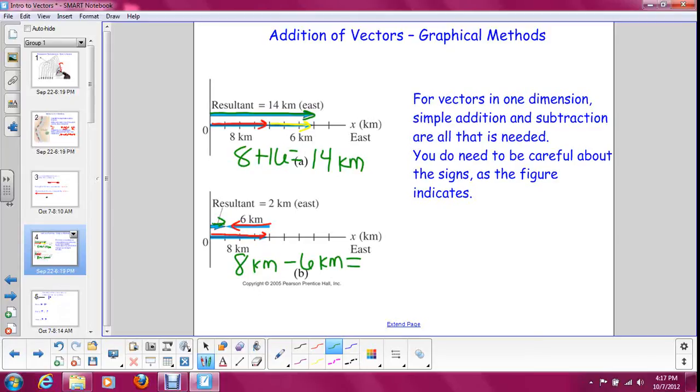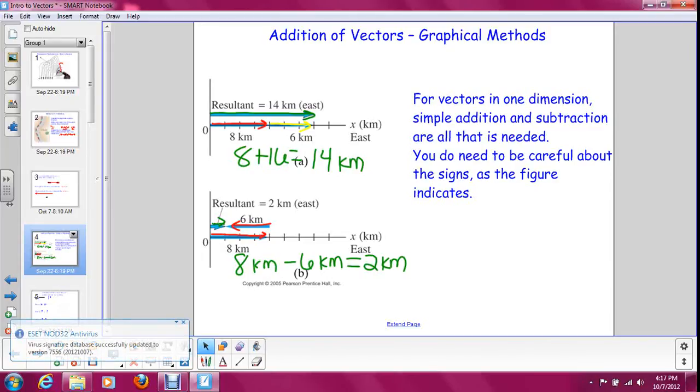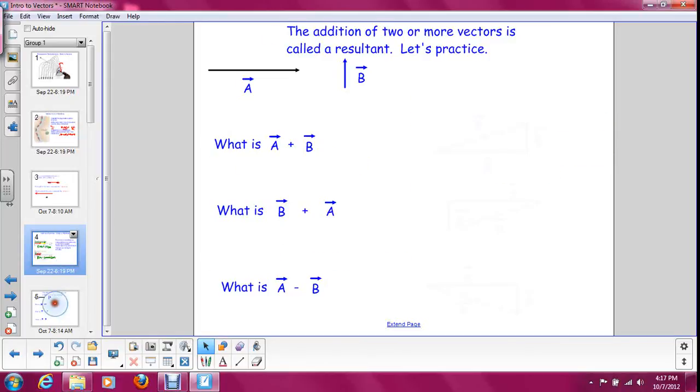So I have to subtract these 2 from each other, and my total displacement is 2 kilometers. So when you're adding vectors, you always have to be careful of not only the magnitude, but what direction the vector is pointing in.